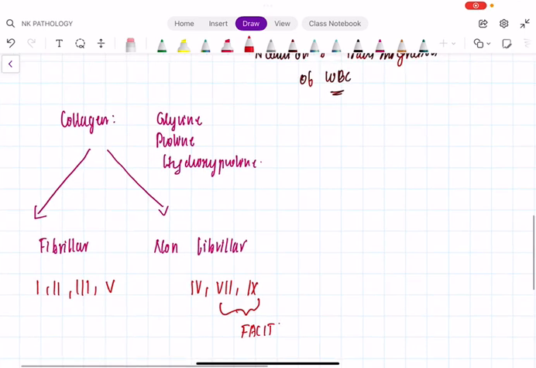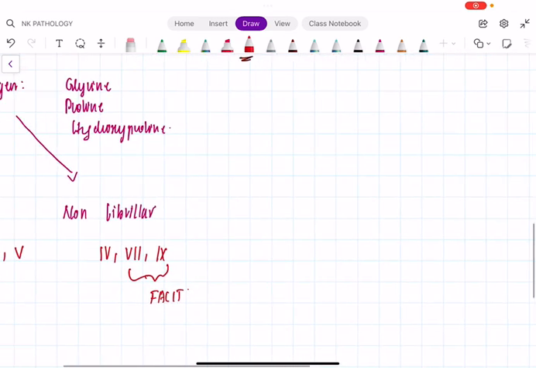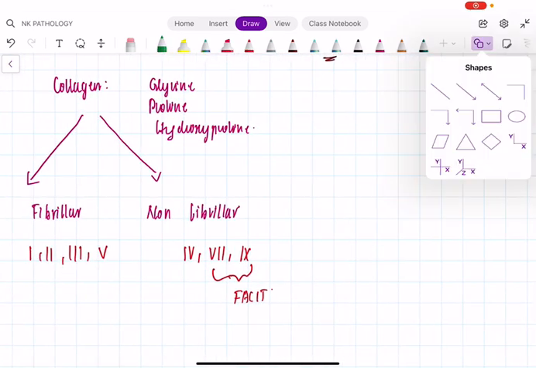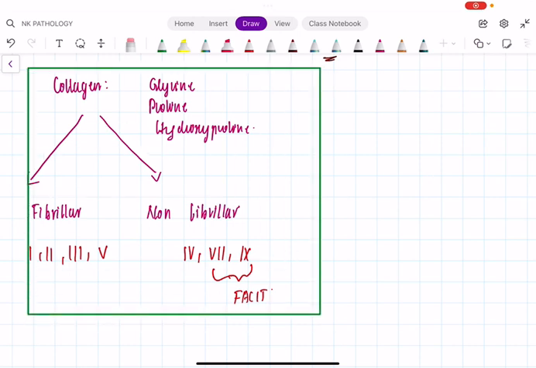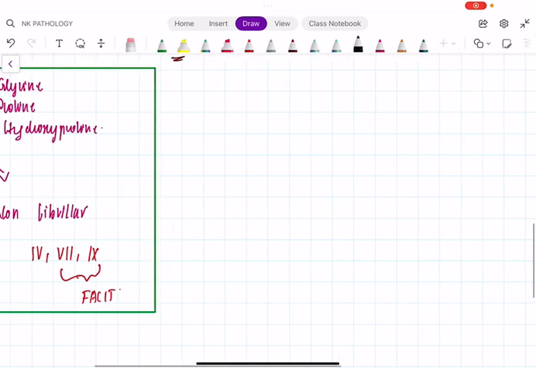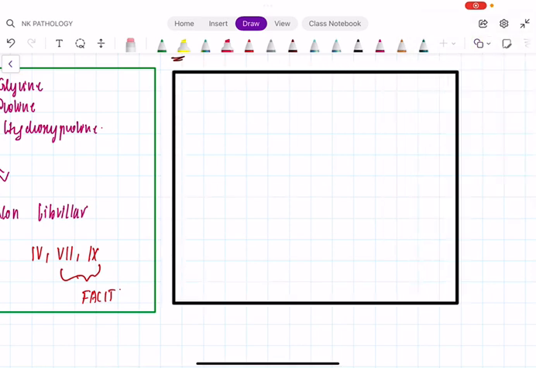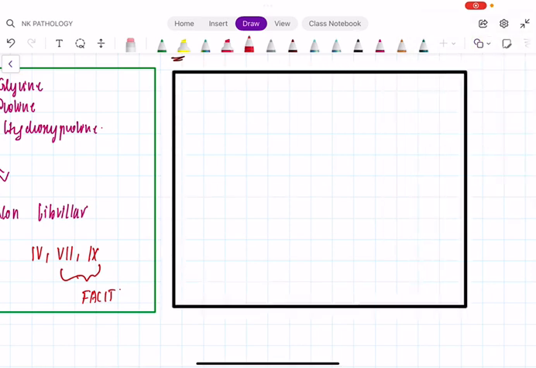Then some other important points I am going to write here in a separate table, regarding growth factor receptors. HGF, hepatocyte growth factor, also called scatter factor. Then RTK, receptor tyrosine kinase. Examples are EGFR and VEGF.